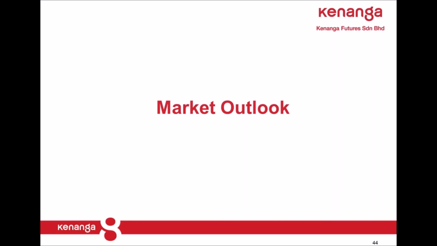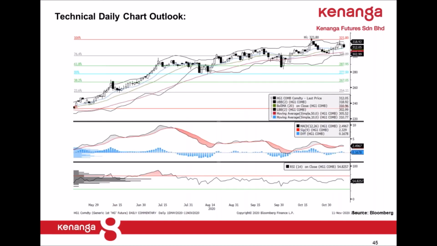Okay, now here will be the last section of the presentation, where we cover market outlooks. This is the daily chart outlook for copper. As you can see, it is generally recording higher lows and higher highs, steadily. This is a 6-month daily chart.